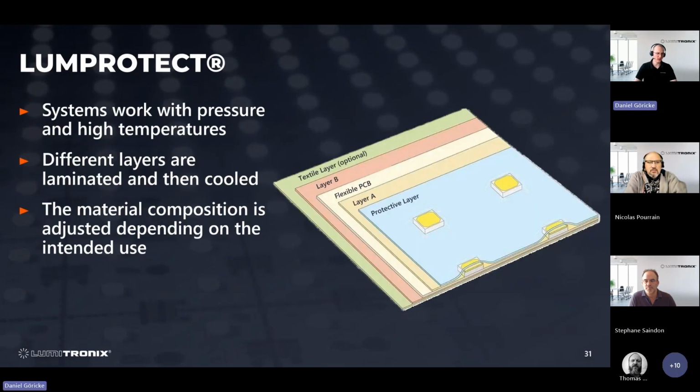To dive quickly into the process itself, on the right side you can see how Loom Protect is set up. We have different layers of plastics, which will be wrapped around the material, and then under high heat and pressure, it will be melted and then cooled, so it sticks together in the end. So a Loom Protect layer is always around the whole FPC.